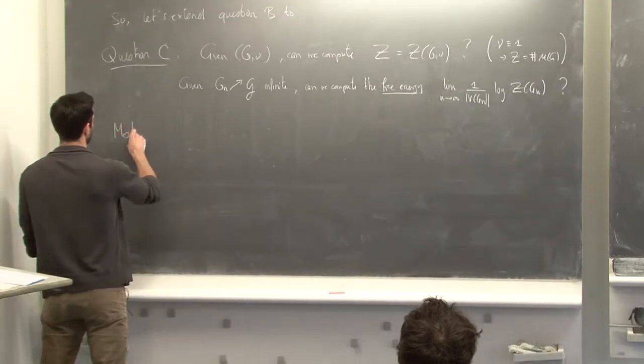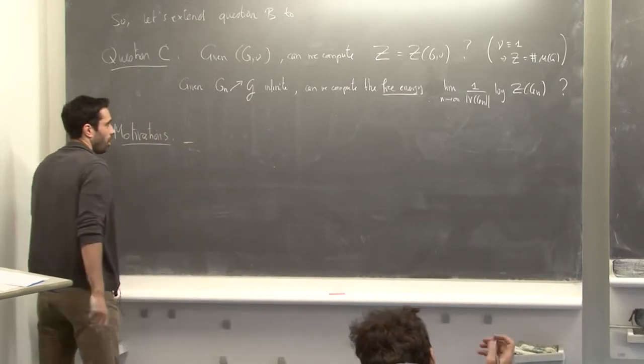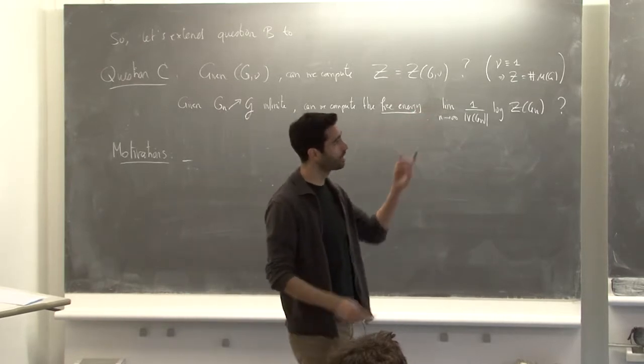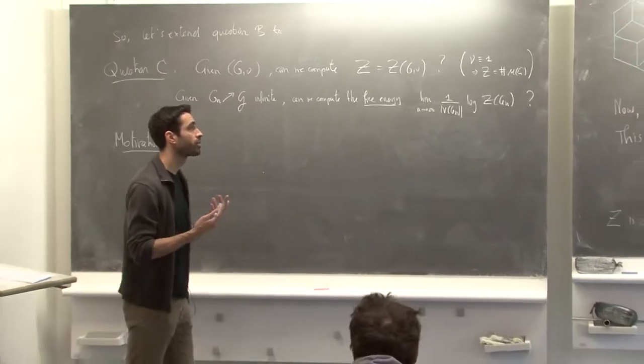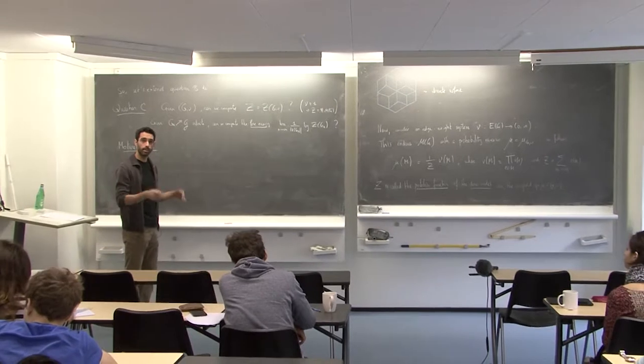Motivations. First motivation, in some special cases, it gives us statistical models for random tilings or step surfaces and things like this.